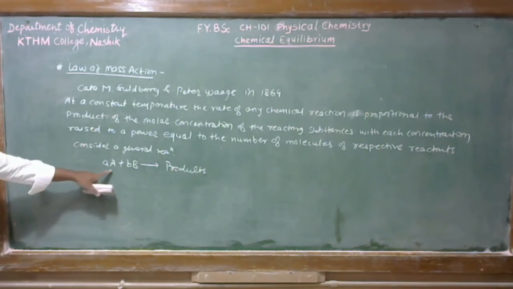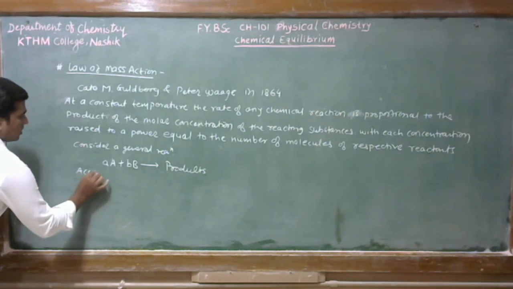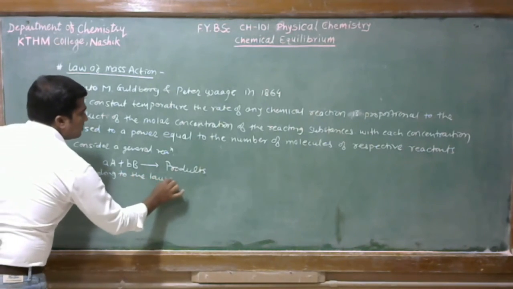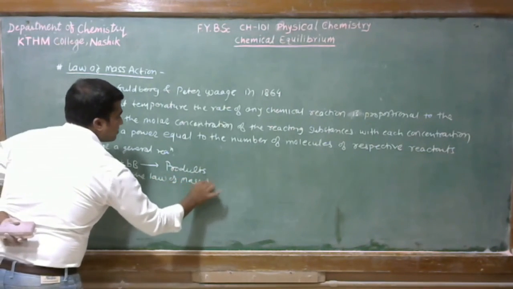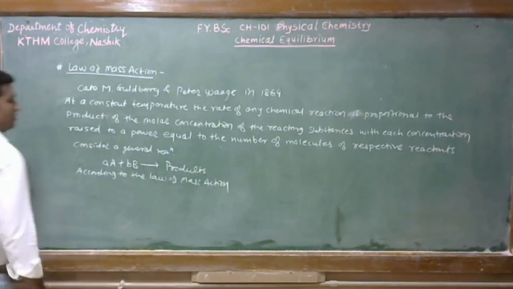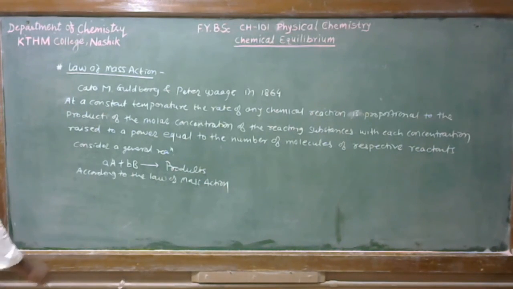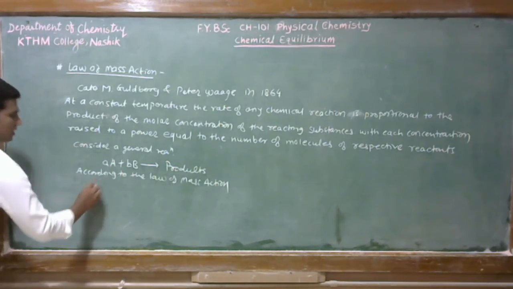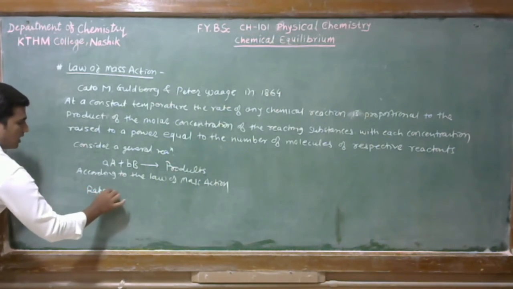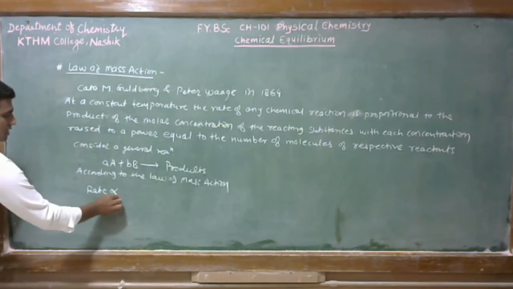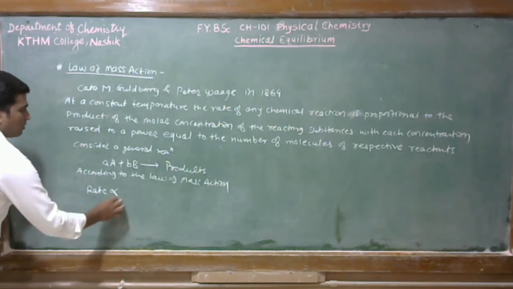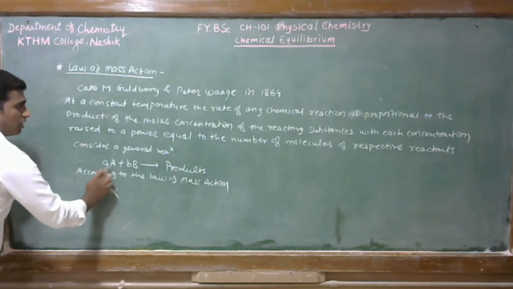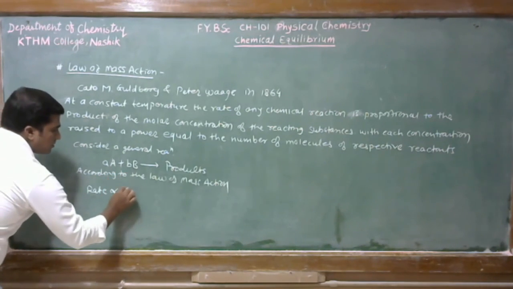So according to the law of mass action, at a constant temperature, the rate of any chemical reaction is directly proportional to the product of the molar concentration of the reacting substances.